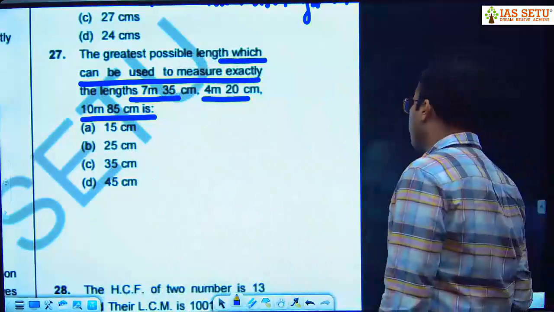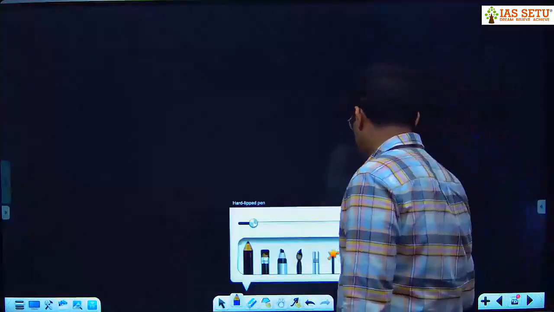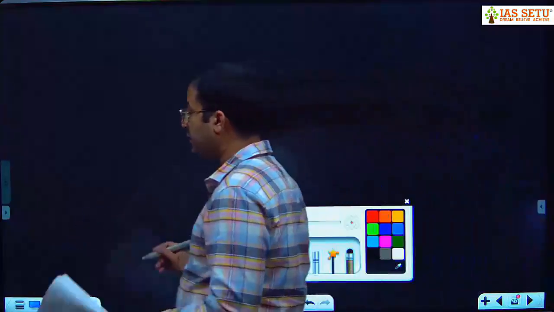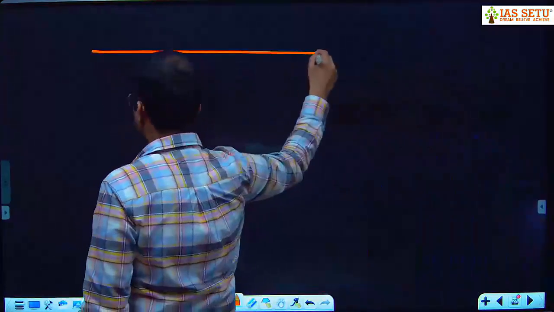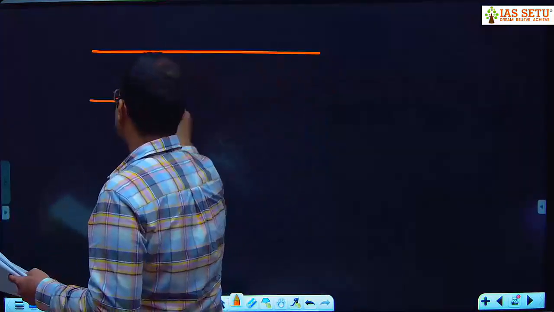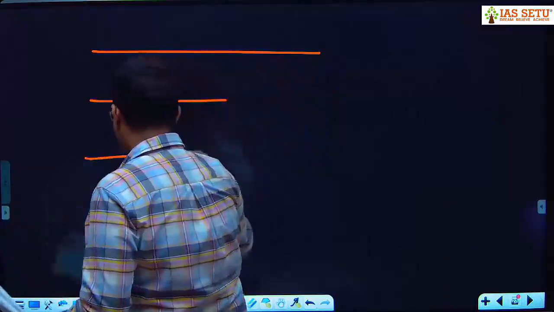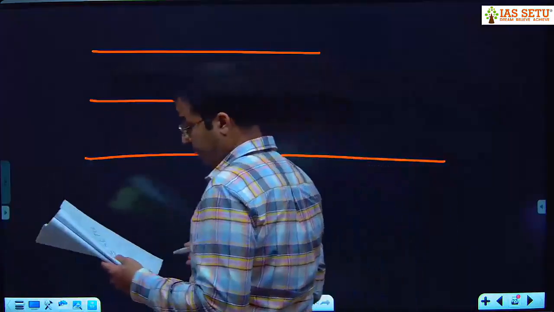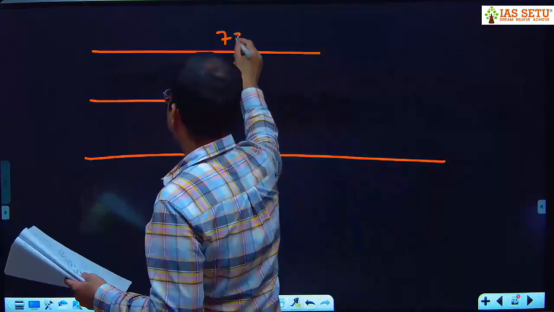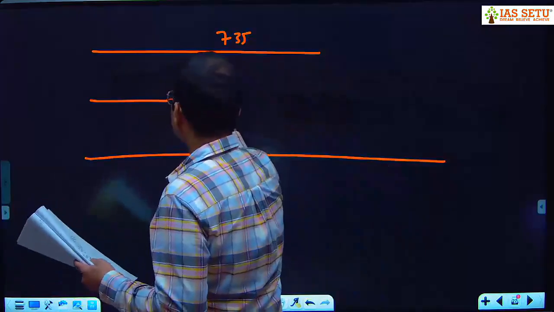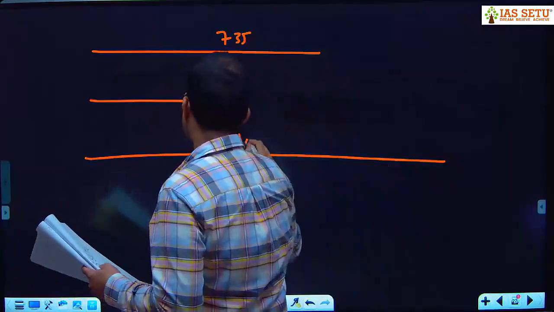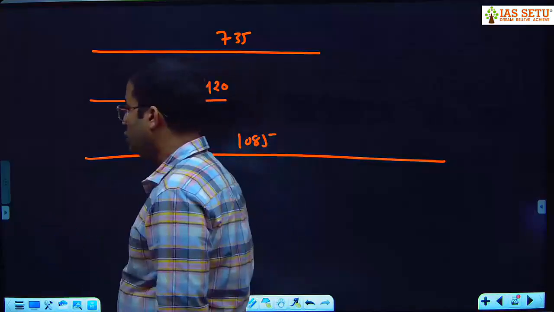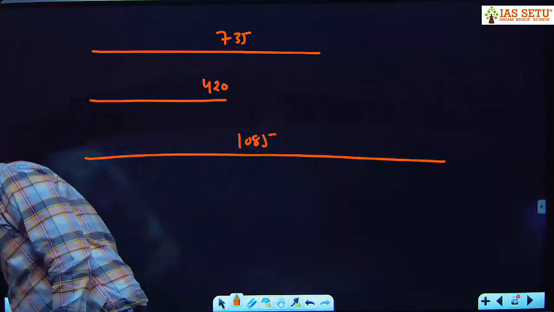So here we have three lengths: 7 meter 35 centimeter, 4 meter 20 centimeter, 1085 centimeter. You convert this into centimeter like this. So the question is, what is the greatest possible length?